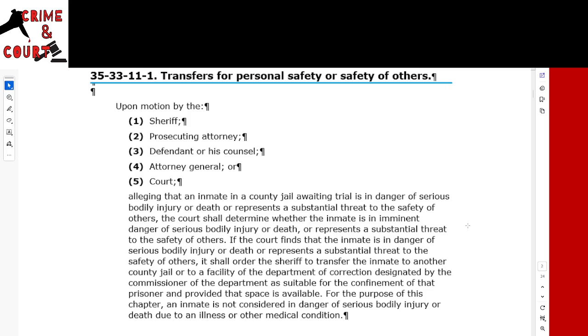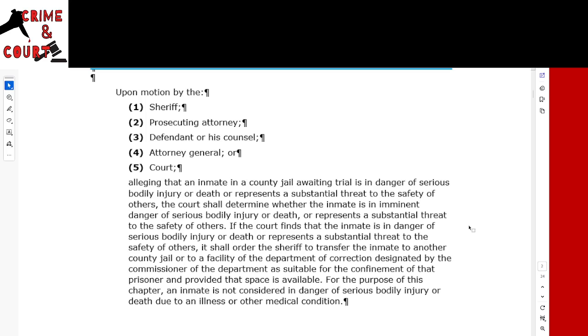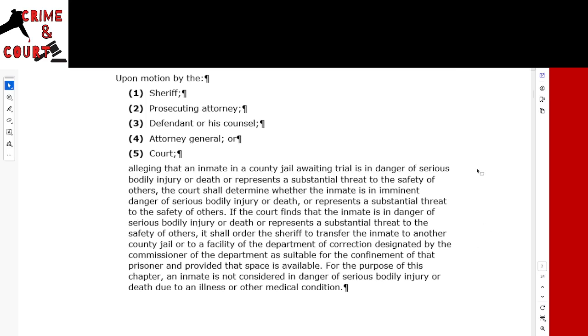If the court finds that the inmate is in danger of serious bodily injury or death or represents a substantial threat to the safety of others, it shall order the sheriff to transfer the inmate to another county jail or to a facility of the Department of Correction designated by the commissioner of the department as suitable for the confinement of that prisoner, and provided that space is available, period.